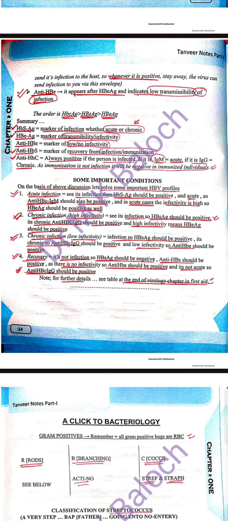There is no infectivity, so anti-HBe must be positive. It is not acute, so anti-HBc IgG should be positive. Note for further details, see the table at the end. So just remember these points. It will help in the exam, inshallah.